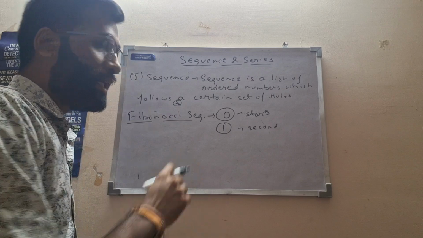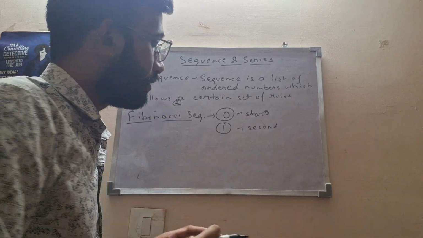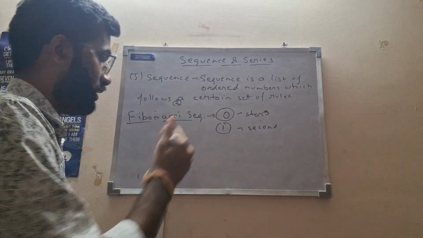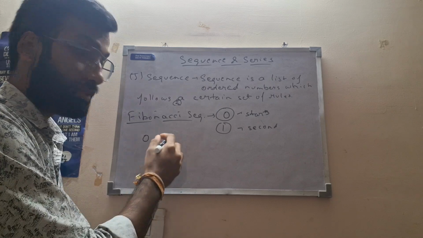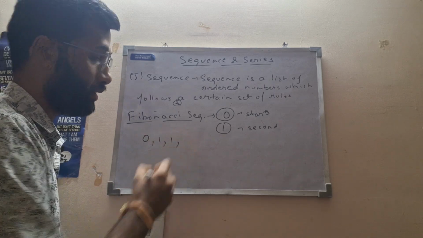And as we move forward, we have to add the last two numbers, like 0, the second number is 1, the third number must be the sum of the first and second number, 0 plus 1, 1.